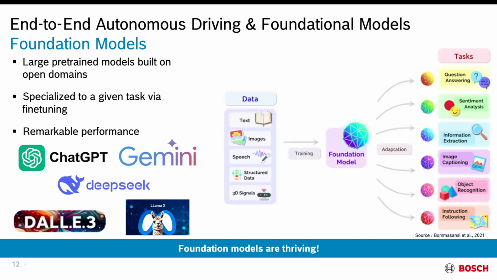But once we have this foundation model, we can adapt it to a given task. Even though this model is not necessarily trained on object recognition, we can adapt it via fine-tuning to an object recognition task. And it has shown remarkable performance on a variety of tasks.